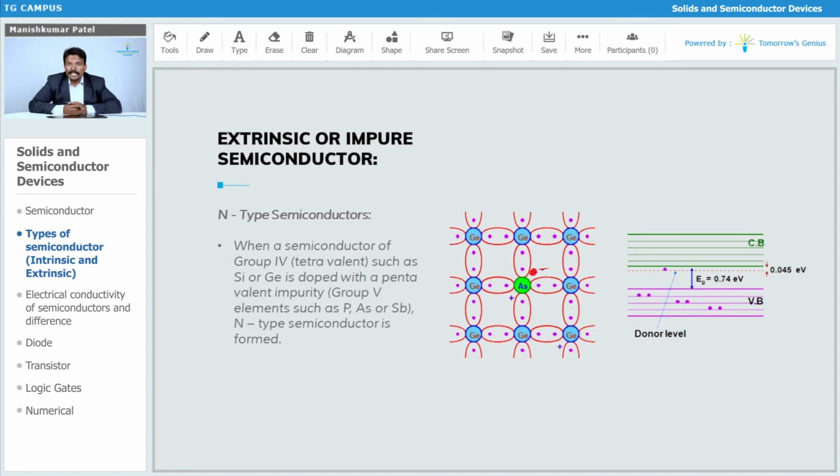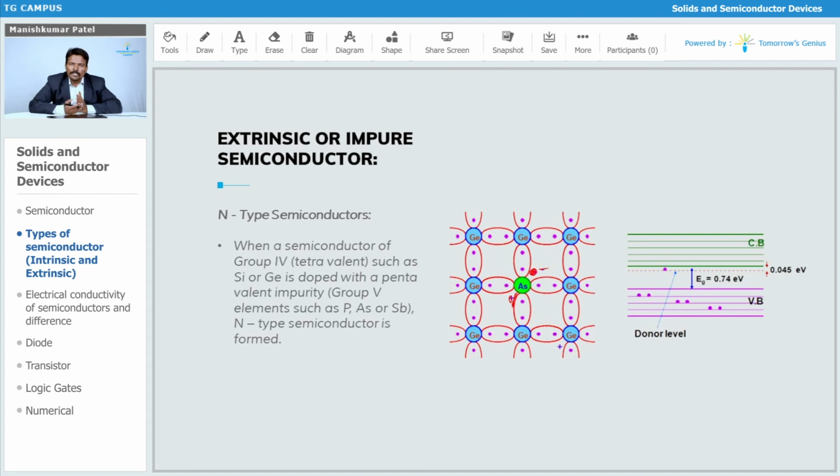We just saw the two kinds of current: one is the current contributed because of holes and the other is the current contributed because of electrons. So the majority carrier is nothing but electrons.